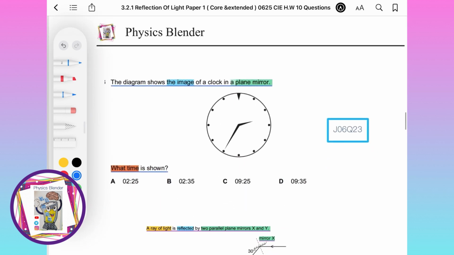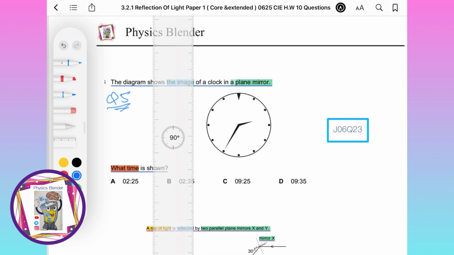Question 5, you have here an analog clock, and you can also draw a mirror just to find how the image will look. You have the image already, so you are trying to find what time is shown on the original object itself.